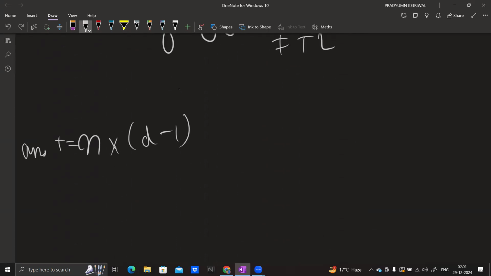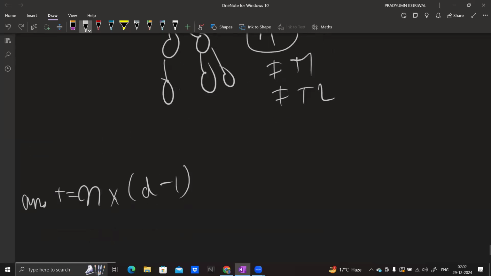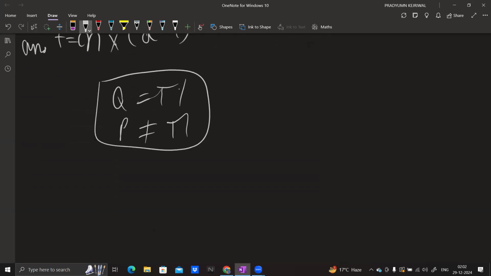Right? But the problem here is that we had one case where q is type 1 and p is not equal to type 1. This is one case that we had already considered.